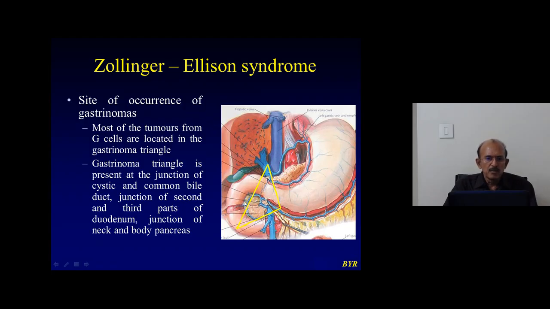If you draw lines joining these three, that becomes Passaro's triangle, and this triangle has the G cells. So this means the distal part of the pylorus, duodenum, first and second parts and part of the third part, then the whole of the head and neck of the pancreas.